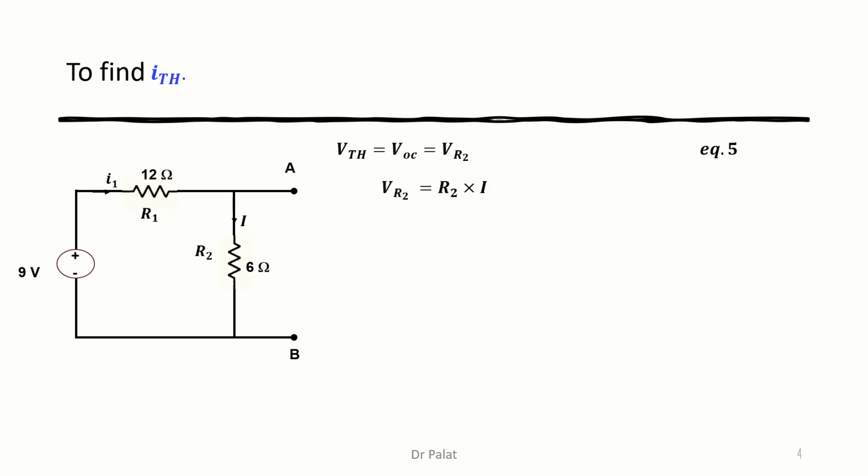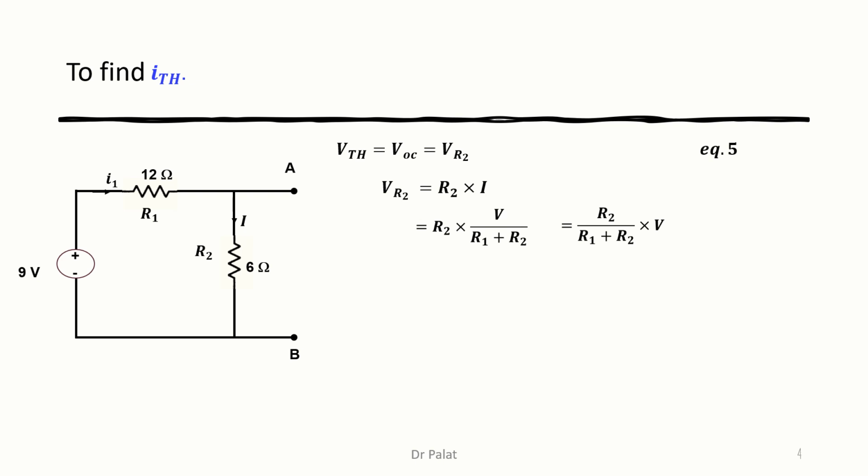The voltage across R2 is R2 times the current through it. What is the current through R2? Again using Ohm's law, V divided by R1 plus R2, because now these are in series. There you go. Now if you rearrange this equation, you will get something like this.